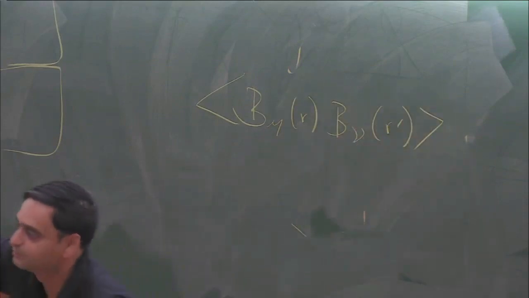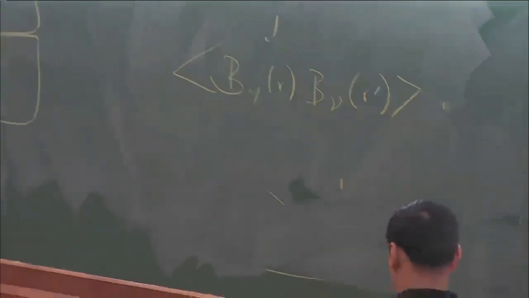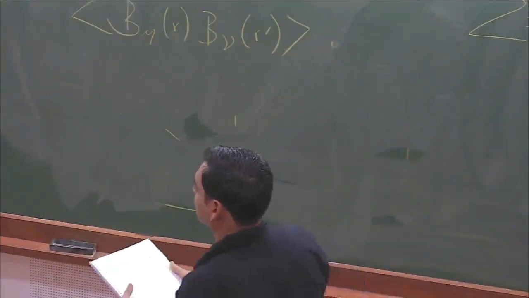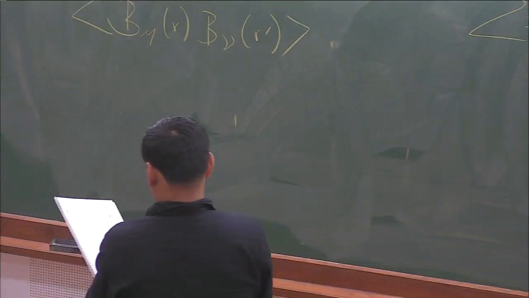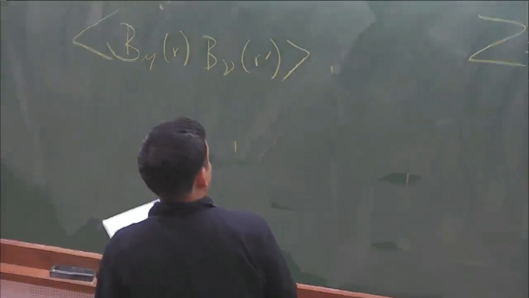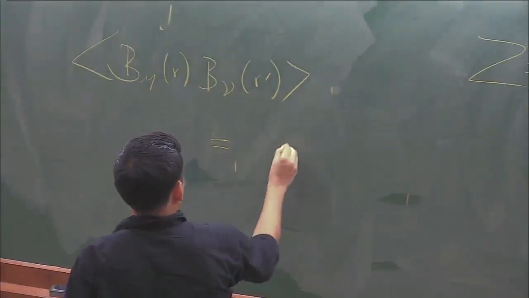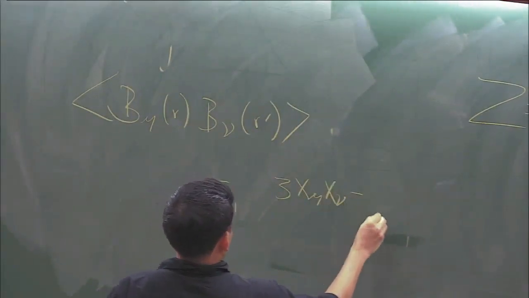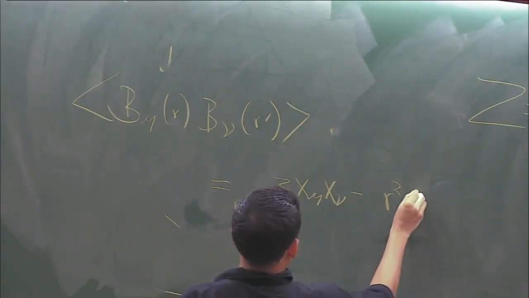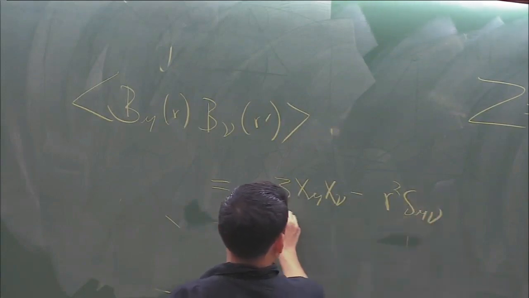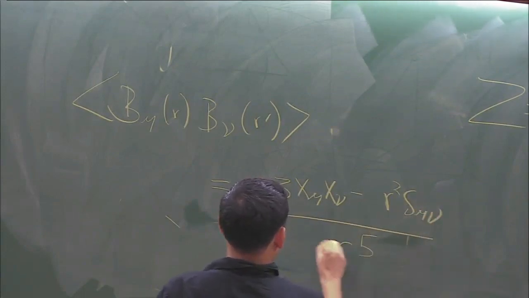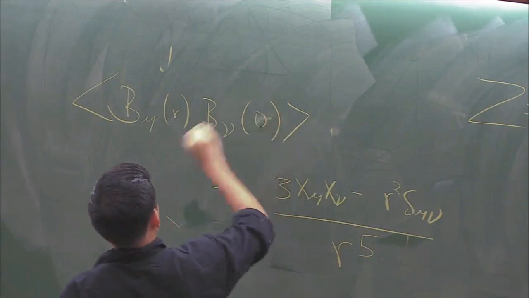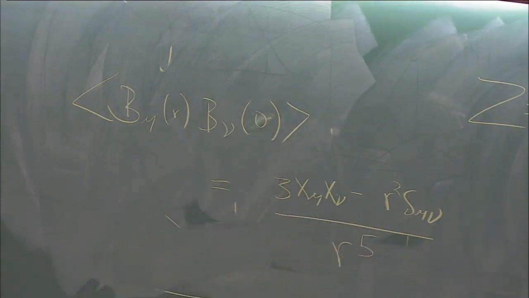In that simple Gaussian theory, which you can work out, and it's of course got a dipolar form, you get a result that looks like 3 x_mu x_nu minus r squared delta_mu_nu over r^5. You get the dipolar form times some coefficient.